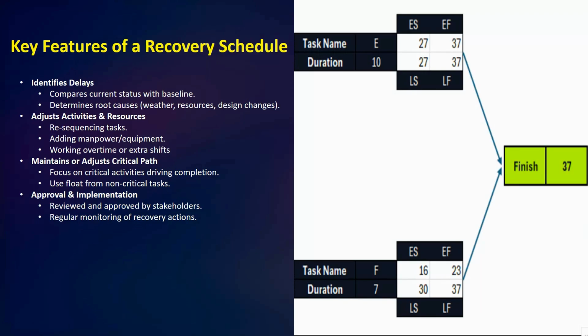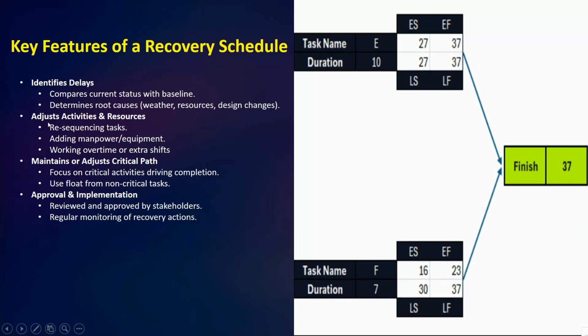So this helps us to understand where the project is slipping and also highlights the root causes, whether it's bad weather, lack of resources, or a change in design, etc. Okay.